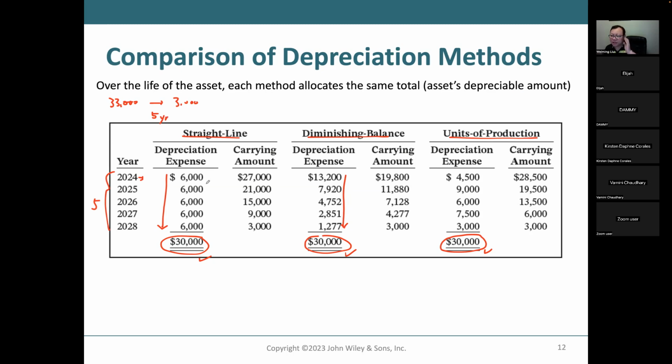But in this calculation, you are making assumptions. The first assumption is the $3,000. This is your estimate. You don't know what exactly you can sell it for at the end of the 5 years. And you don't even know if this asset can be used for 5 years. Again, this 5 years is also based on estimation.